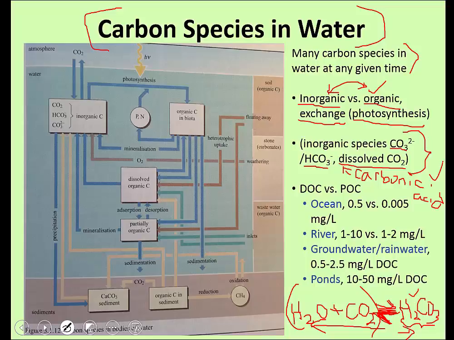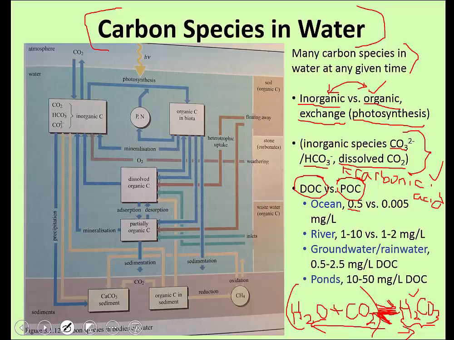All right, so when we look at our inorganic species, we come back again to our dissolved organic carbon versus our particulate organic carbon. And those are going to be in differing amounts when we look at our carbon species in water. For example, depending on the body of water, if you look in the ocean, dissolved organic carbon is about 0.5 milligrams per liter.